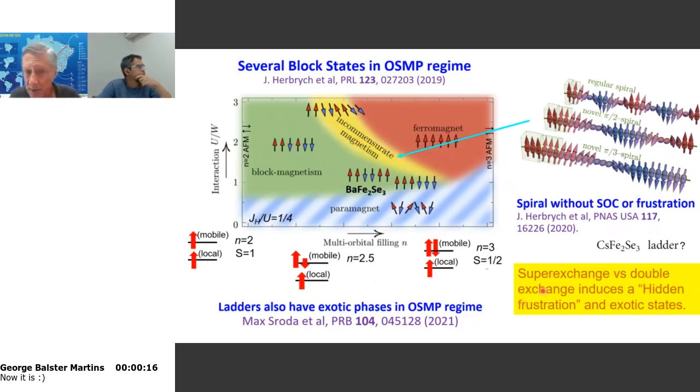Double exchange is the one that generates the up ferromagnetic order. So from that perspective, once you see an enlarged phase diagram, then you start rationalizing why in 2014 we found this block kind of state. We refer to that as hidden frustration. We should have a more sexy name for that.